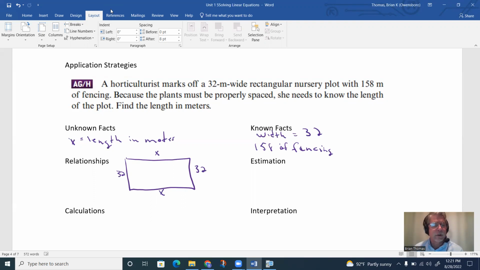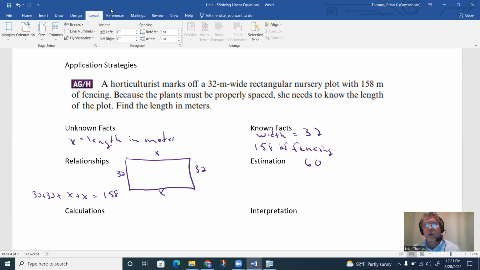So the relationship I'm picking up on is, a lot of times the word perimeter comes into play when we're talking about going around an object. So the four sides of the rectangle must add up to the fencing of the 158. So what I'm picking up on is there's this 32 plus this 32 plus this x plus this x must equal this 158. So notice that I could use estimation here, and I could say, well, 158 is close to 160.